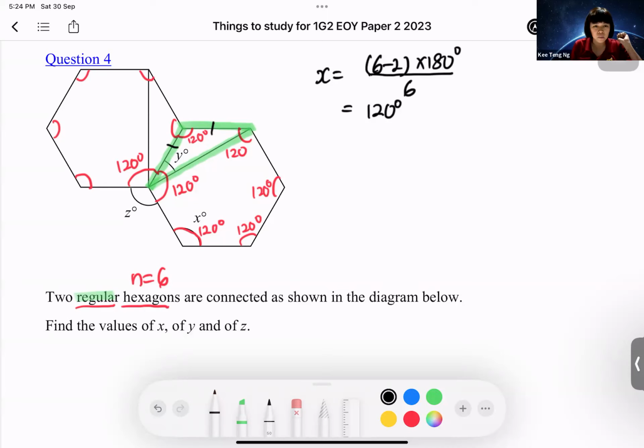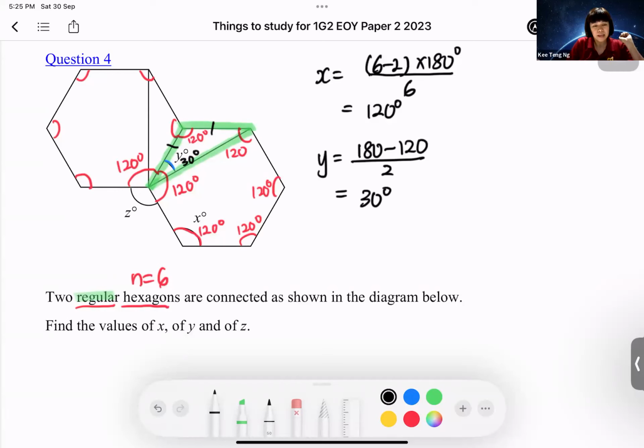So that makes it an isosceles triangle. If I know that this is an isosceles triangle, how do I find angle y? I take 180, the total of a triangle, 180 degrees, minus one of the angles, which is 120, divide by 2, base angles of isosceles triangle. And that will give me 30 degrees. So this one over here is 30 degrees.